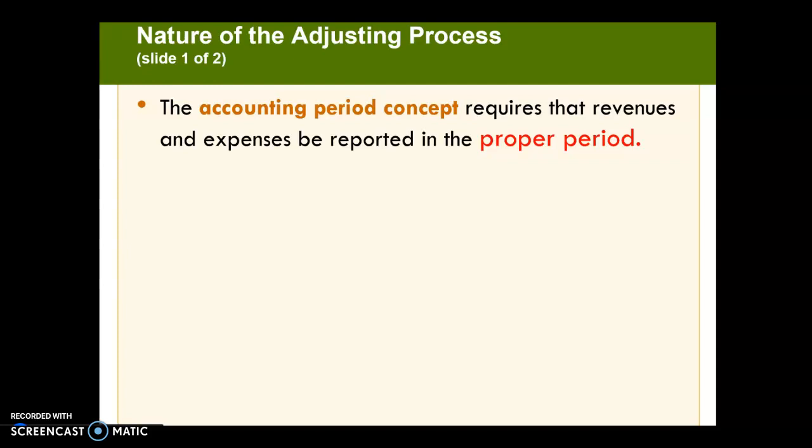There are some concepts that we need to understand. We have learned about the accounting period concept. Normally the accounting period covers 12 months. So we have to match the revenue against the expenses and report them in the proper period.